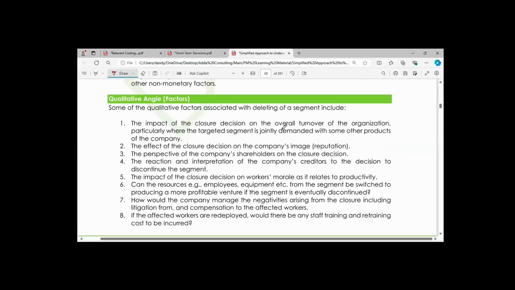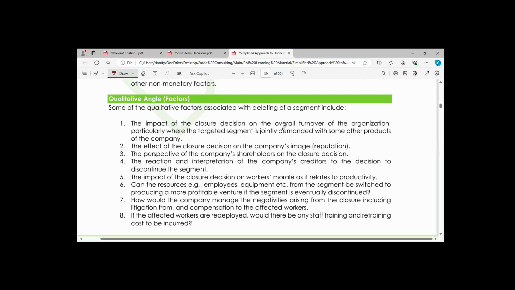Let me add one more. If you decide to delete that particular segment or product, you need to ask yourself whether the resources, including the employees, the workers, and equipment that you are using for that segment you want to discontinue, can be used elsewhere, where they can be put to a more profitable use.